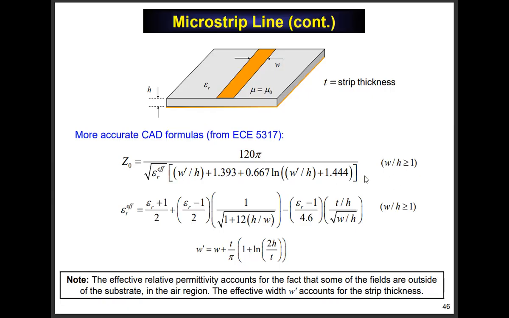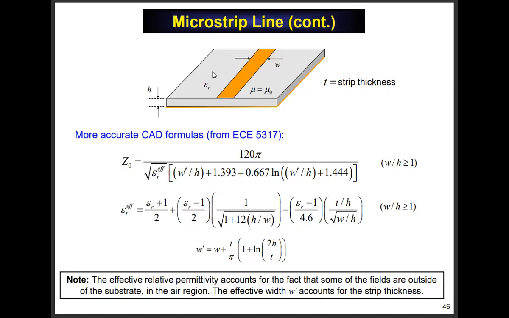Right. Now, in this formula, you see something called epsilon R effective. What's that? Now, in a coax, all the energy going down the coax is confined between the two conductors and stays in the Teflon. There's only one epsilon, the epsilon of the Teflon. Now, here, if a signal is going down a microstrip line, part of the energy is in the substrate, part of it is in the air.